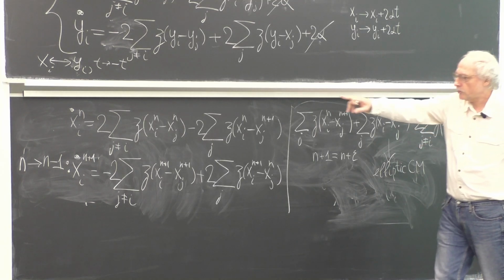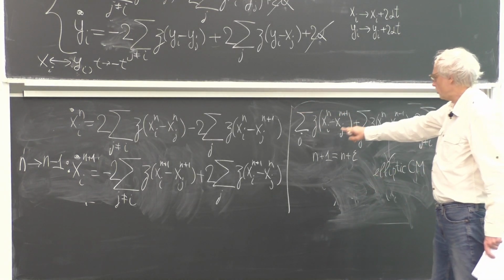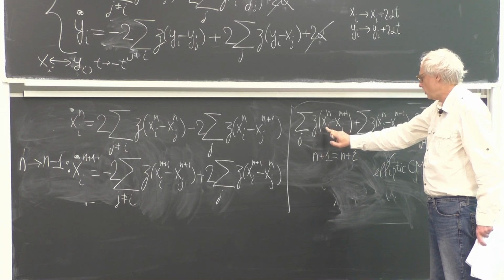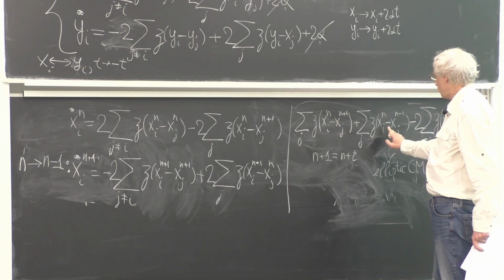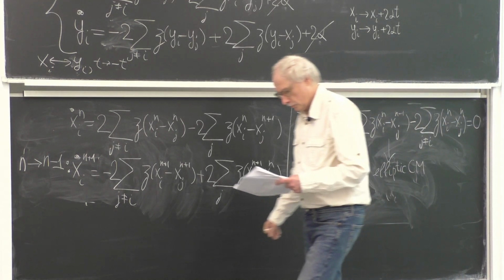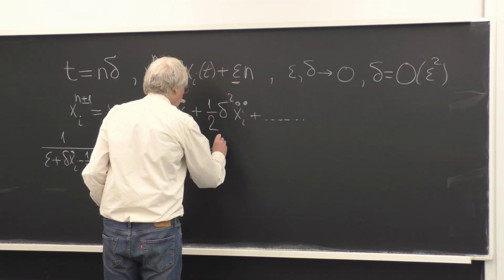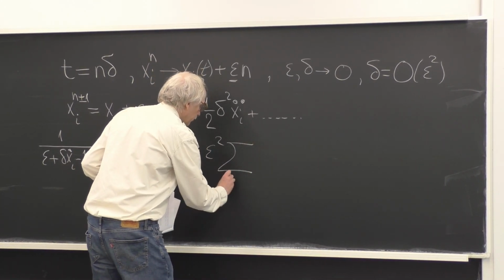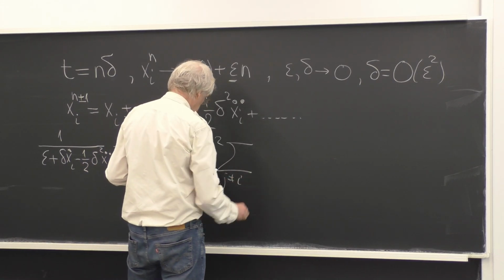So there I wrote just these two terms with j equal to i. One comes from here, another comes from here. And the rest is proportional to epsilon squared and has the following form.